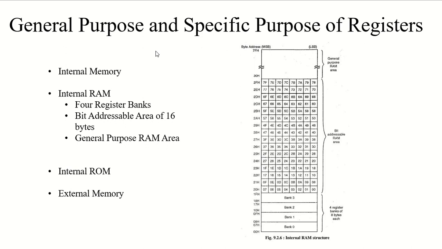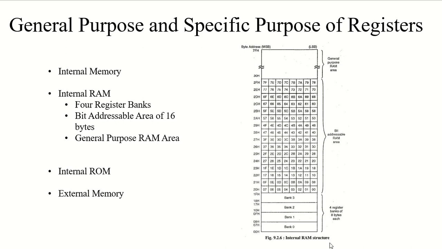There are four register banks of 8 bytes each. So that would make a total of how much, 32 bytes. Then we have the bit addressable area of 16 bytes, and then we have the general purpose RAM area, the scratch pad area.